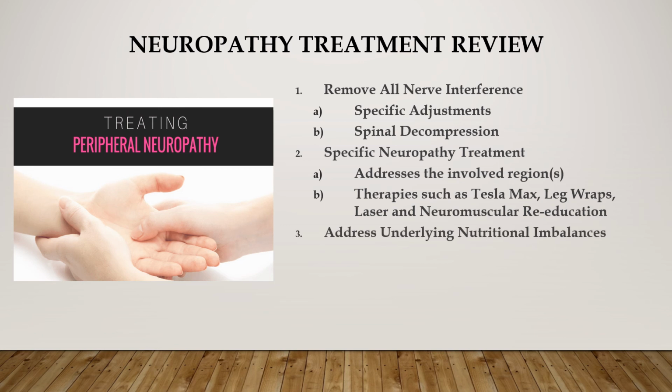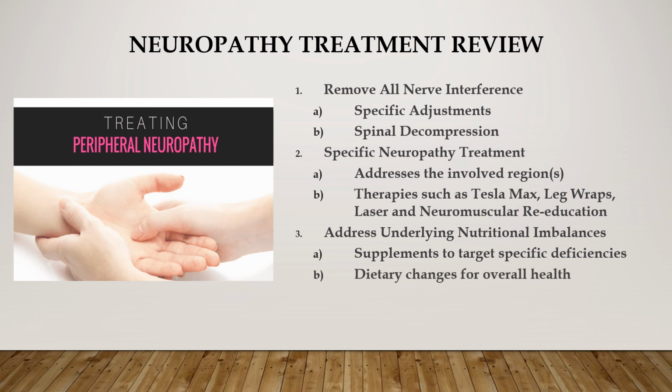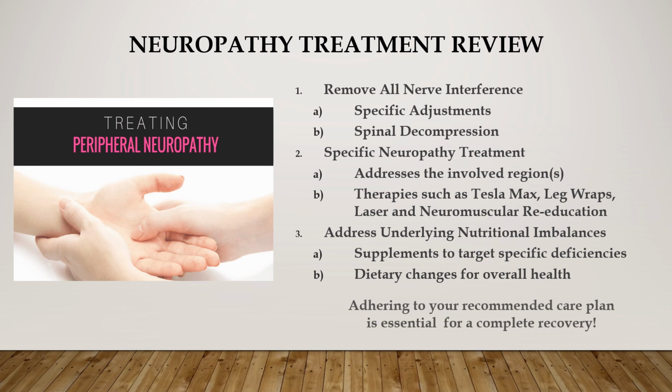Lastly, we want to address the underlying nutritional imbalances. We utilize specific supplements to target the deficiencies. We also want to look at your diet and make sure we have dietary changes that will help with your overall health and well-being. Obviously, adhering to your recommended care plan is essential for a complete recovery.